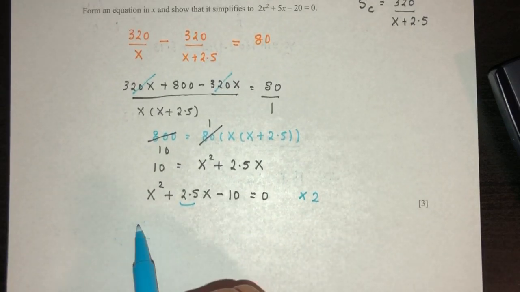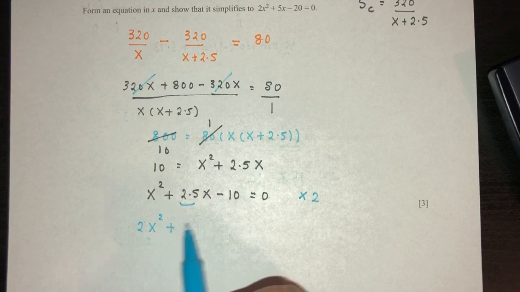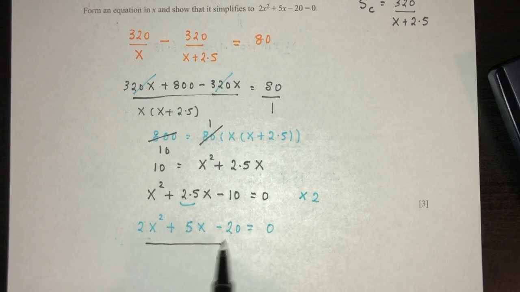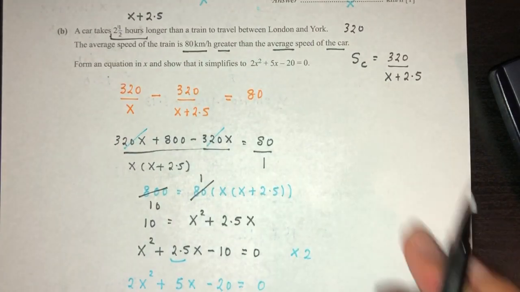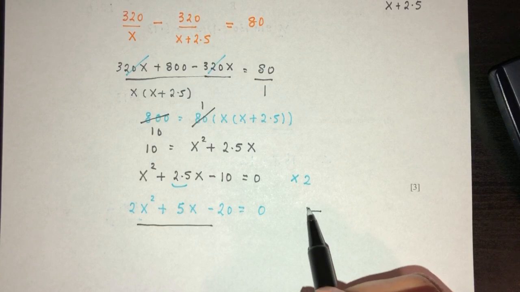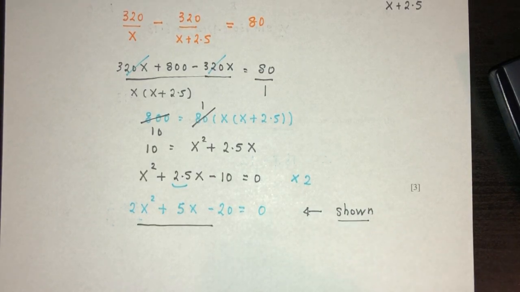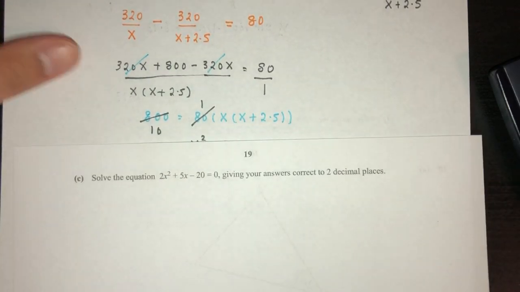You will have 2x squared plus 5x minus 20 is equal to 0. This is the same as this one. So this is shown as required. That is part B of the question.